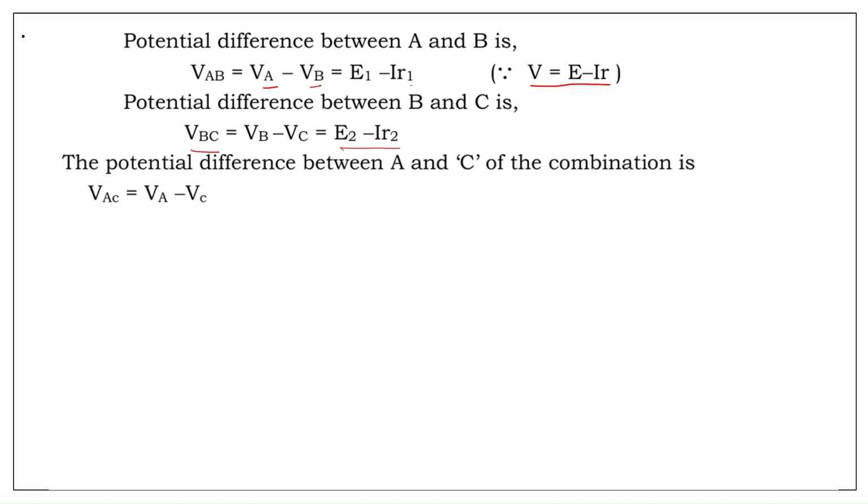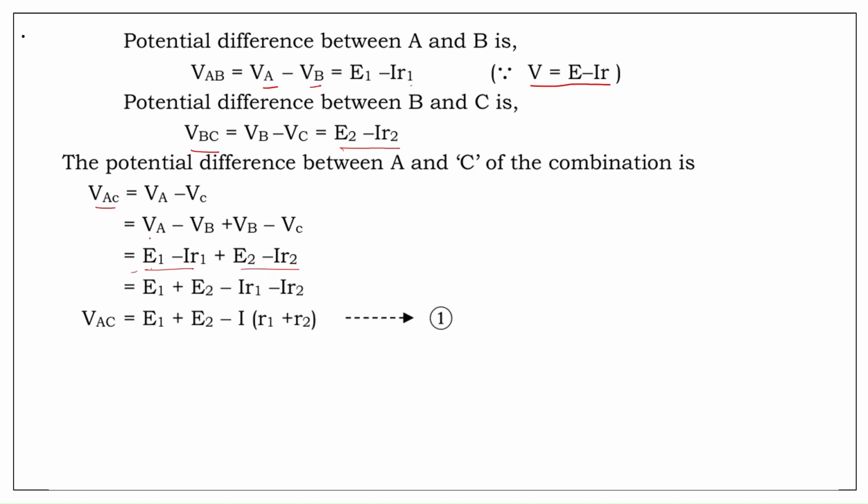The potential difference between A and C of the combination is VAC is equal to VA minus VC. That is equal to VA minus VB plus VB minus VC. Now substitute values, we get E1 minus I R1 plus E2 minus I R2.